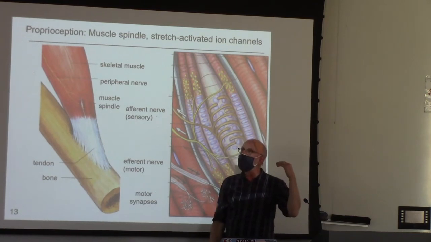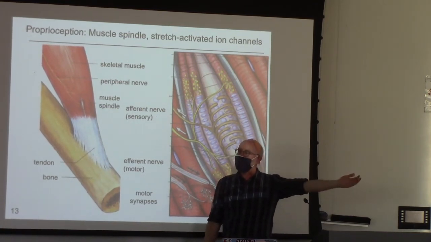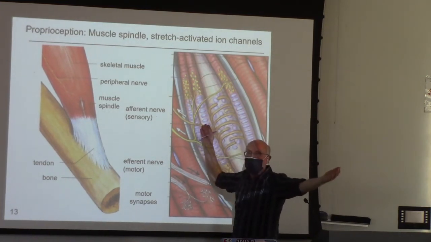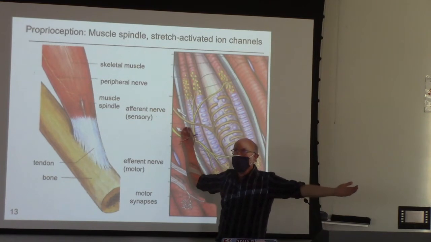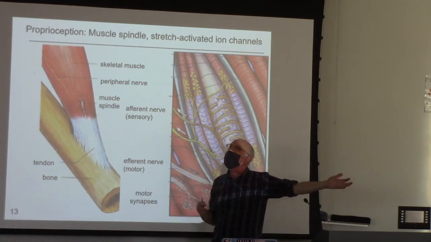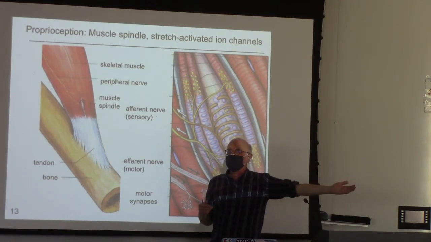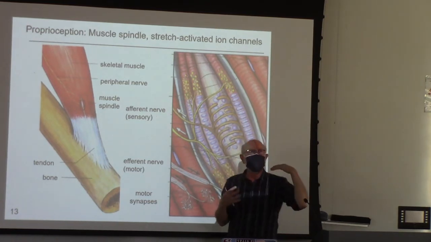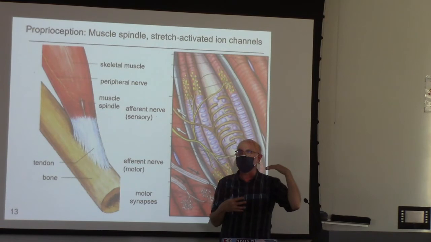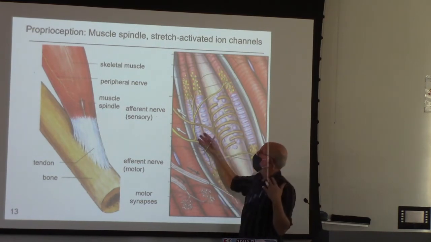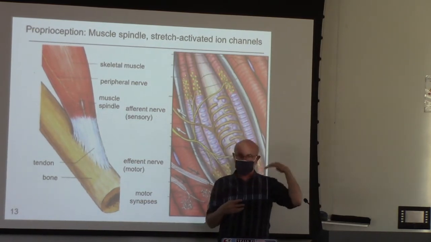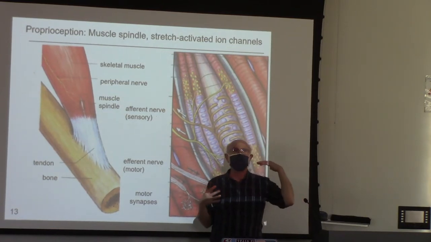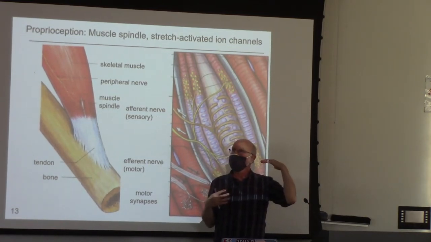So when my muscle is extended, it was relaxed and extended, I'm getting a certain pattern of information from the muscle spindles to my brain, and my brain has learned to interpret that, oh, your elbow is completely extended. When I contract, the muscle spindles are sending a different kind of information. Less stretch, less tension, less stimulus. My brain has learned to interpret that as flexed.